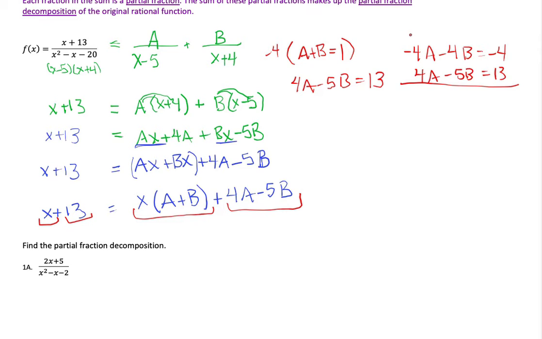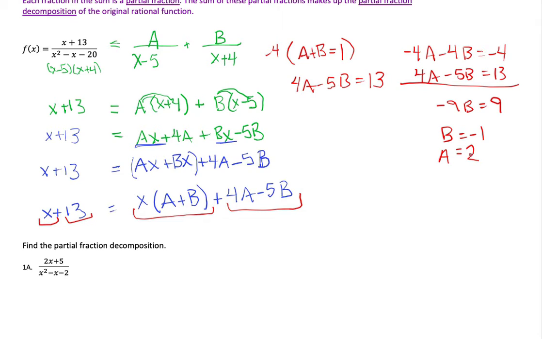Add them together, and that eliminates my A's. So I have negative 9B equals 9, which means B equals negative 1. Since B equals negative 1, I can go back to any of the equations I want, plug it in, and I should find that A is going to equal 2.